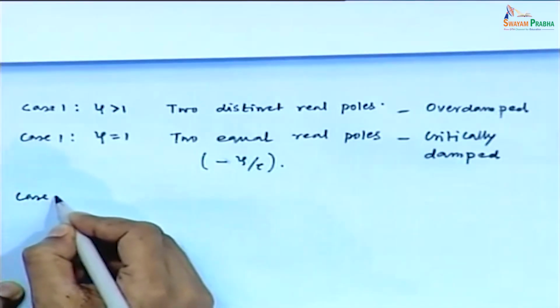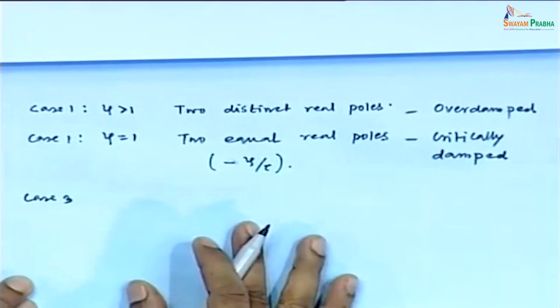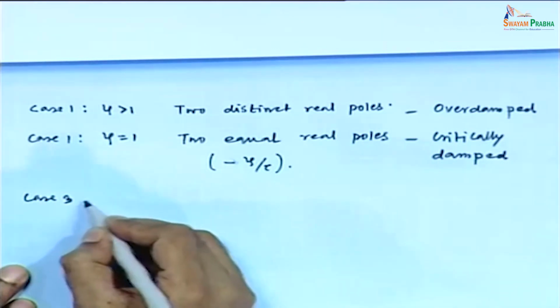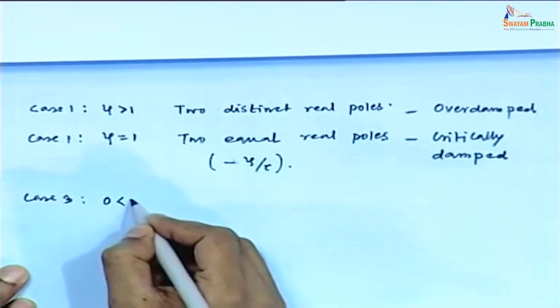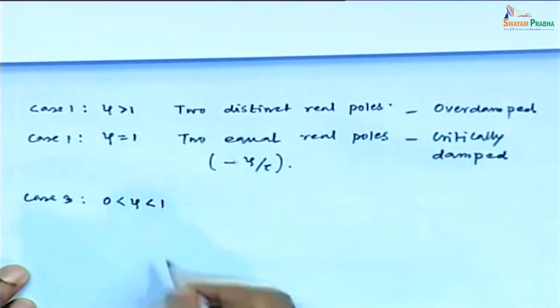Fine. In the third case, we consider zeta in between 0 and 1. In this case, what about the poles?